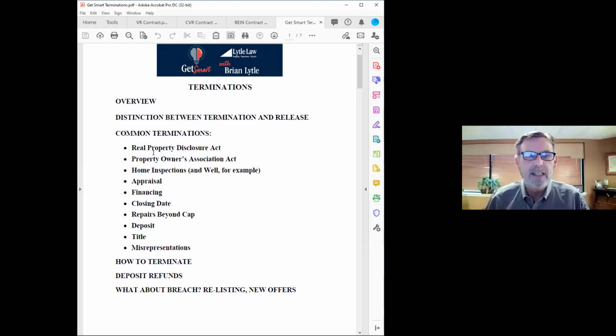It says that. Most of these provisions in the contract also say the buyer is entitled to a return of the deposit. So the buyer is really entitled to a return of the deposit, whether a release is signed or not.